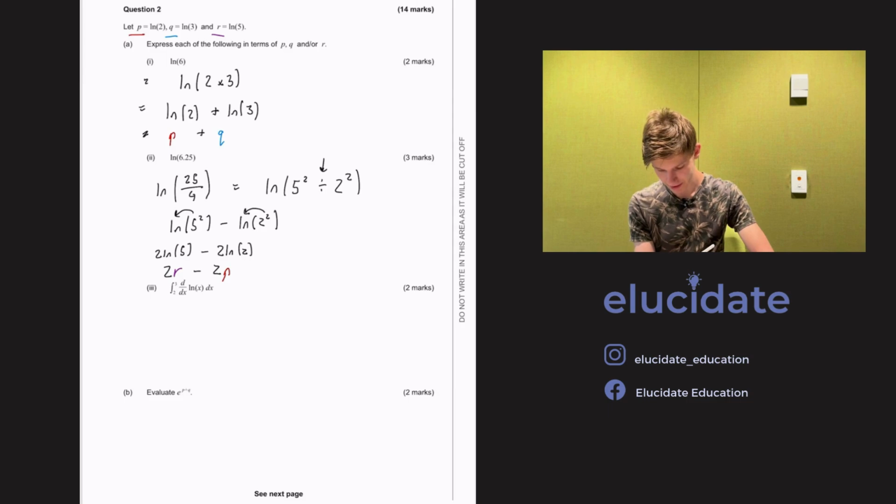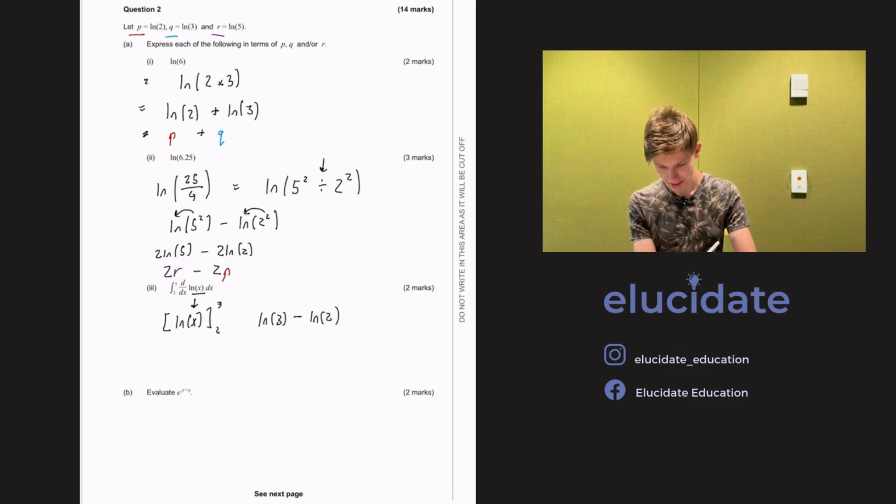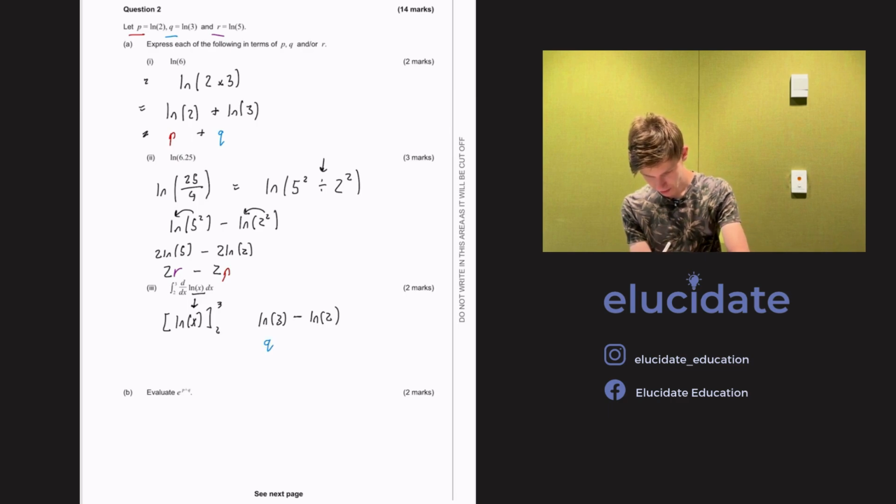So what we're going to end up with here is ln x evaluated from 3 to 2. So we're simply bringing this down here. So we know that when we evaluate that integral, that is going to be the same as ln 3 minus ln 2. Check for what that equals up here. We are going to end up with Q subtract P.